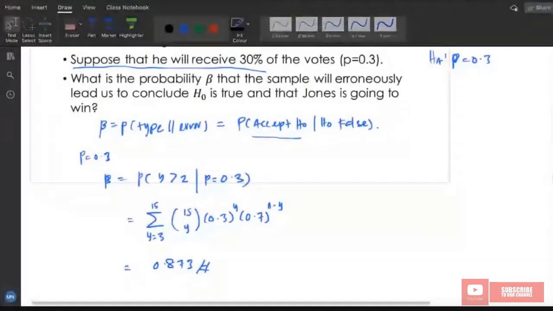So far we have already done examples 1, 2, 3 and 4. Can you see the pattern of how we calculate type 1 error and type 2 error? Do you understand or do you have any questions to ask?